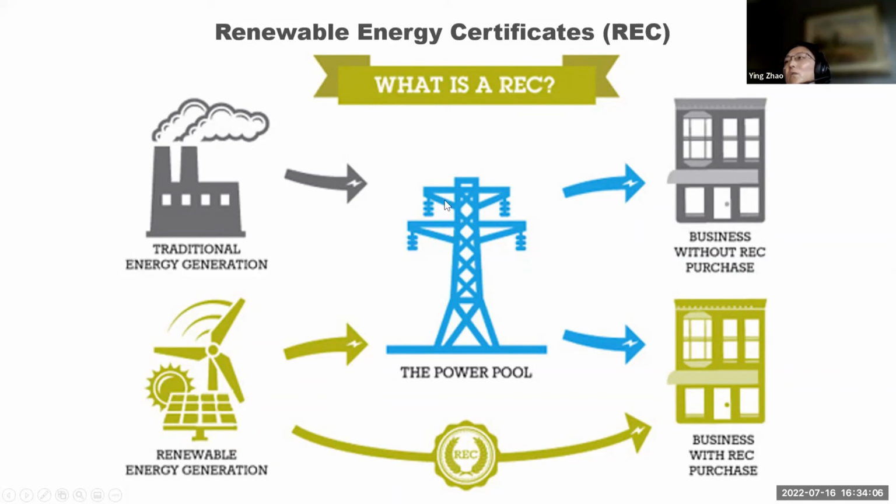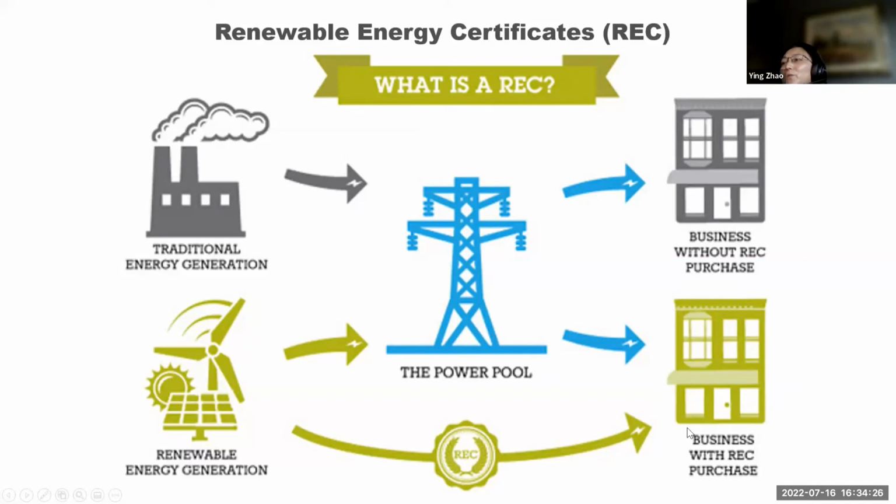They all go into the power pool, so they mix together. So how do you claim you use renewable? Because it's mixed just like water. So they separate the renewable attributes from the energy itself.